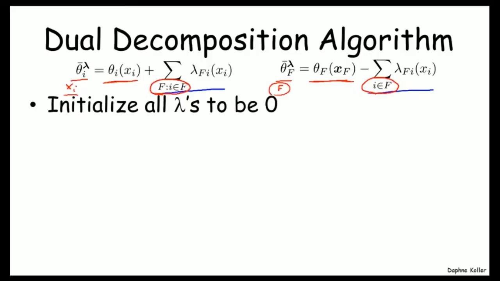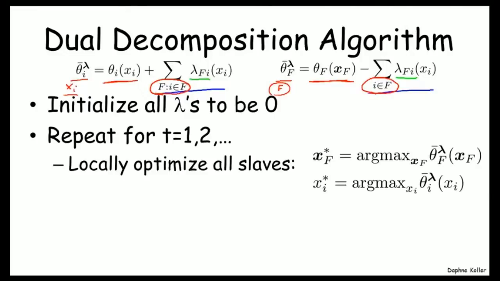So let's see how that gets done. We're going to initialize all of these incentive terms, all of these lambdas, to be 0. Initially, each slave makes its decision based purely on its own local piece of the objective. But then, as the algorithm evolves, these incentives start to change. So how does that happen?